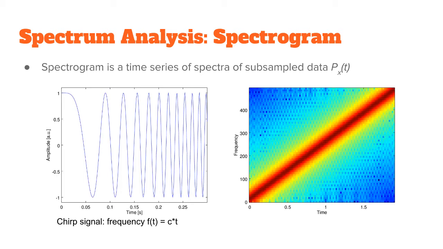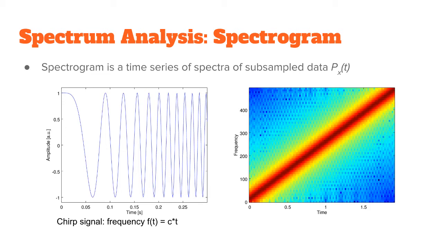This is another test sequence. It's a chirp signal, meaning that the frequency is changing linearly with time. So basically here we have zero frequency at the beginning, and then it starts going to higher and higher frequency.